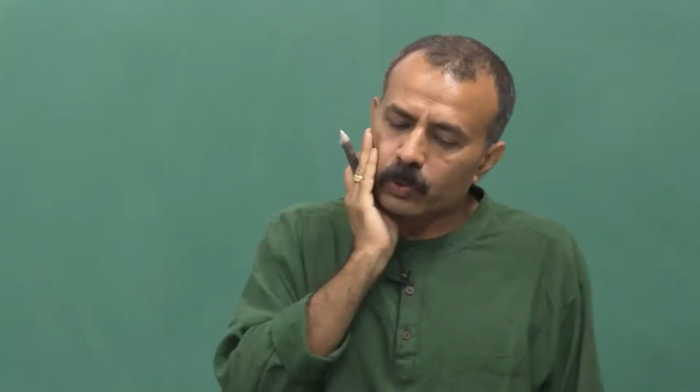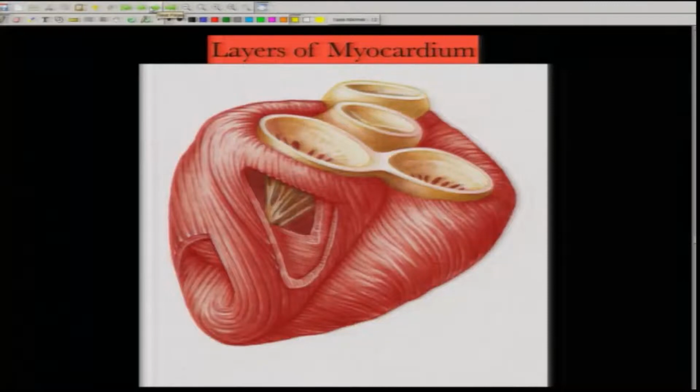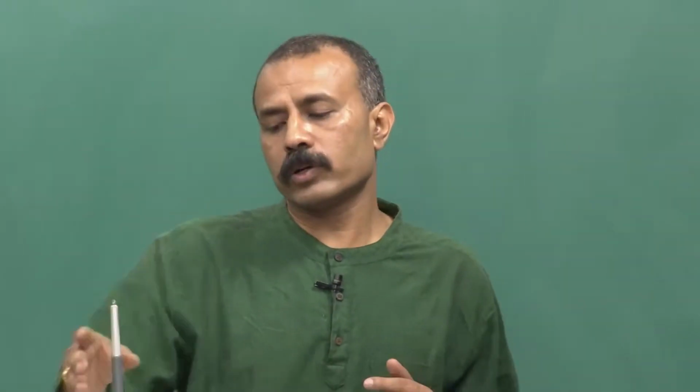Now, coming to the layers of the myocardium. By this time you must have realized that the heart is a structure which is pumping blood at a tremendous pace, and the amount of blood it is handling, 8,000 liters per day, is just magical.